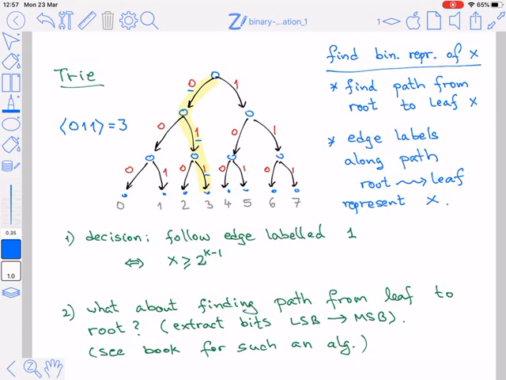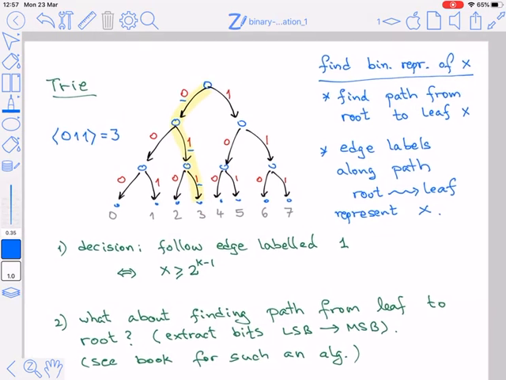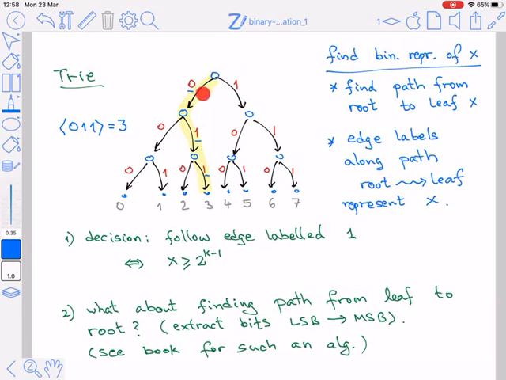Now, I labeled the edges of this rooted tree such that the edge labels along a path from the root to the leaf represent the value which appears in the leaf. Okay? So what the binary representation algorithm does, in fact, is start with an x over here, and traverse this rooted tree until it reaches the leaf labeled by x. The bits along this path are the binary representation of x.